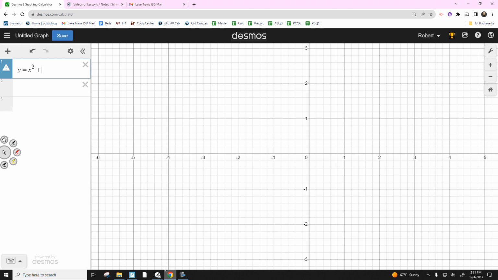Tell your neighbors. If you have even and odd powers, you lose the symmetry about the y-axis. We want 1, 2. I should have -1, -2. I don't. X squared plus x is a neither.